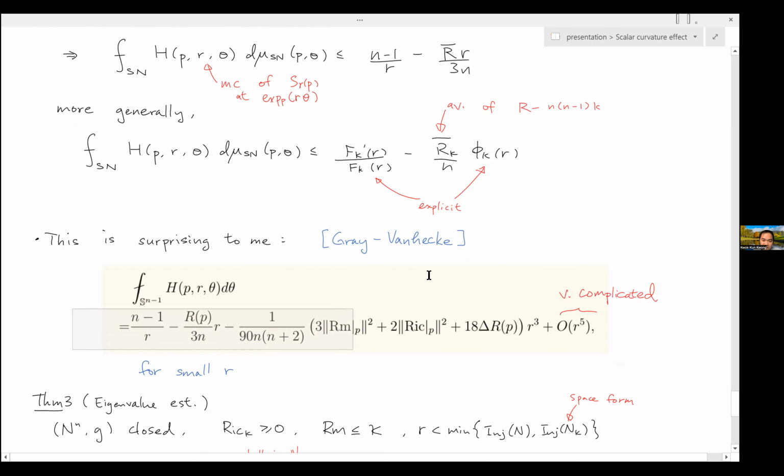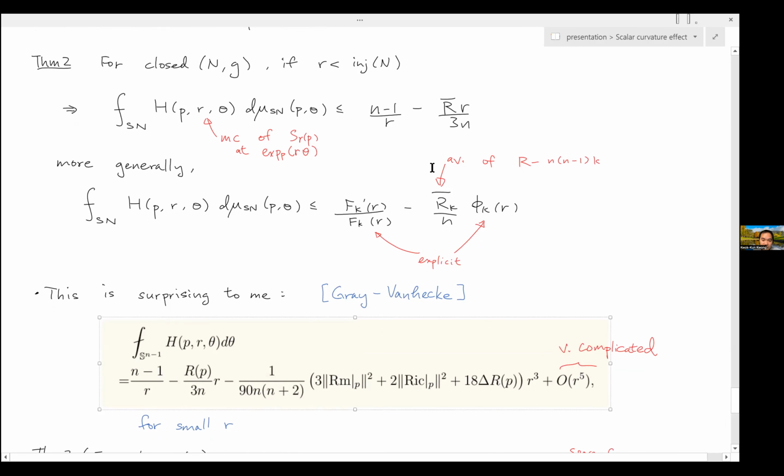Somehow this result agrees with my result, because if you look at the first correction term, if you take the average, this is just the average scalar curvature. So this is without the average over p. But then the next term becomes more complicated, but you can still integrate, and you'll see that actually this is a positive quantity. That's okay.